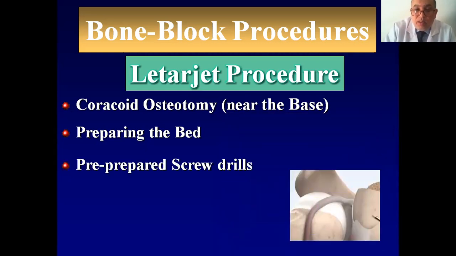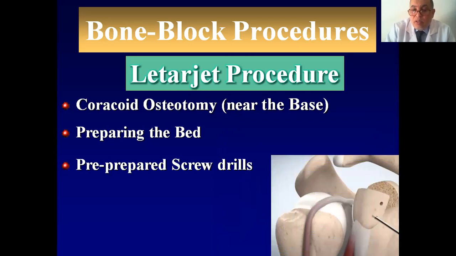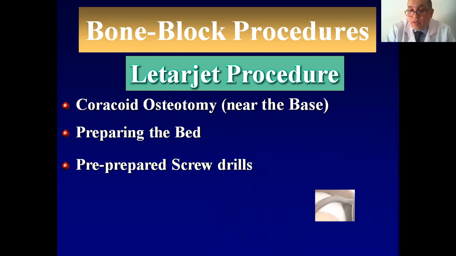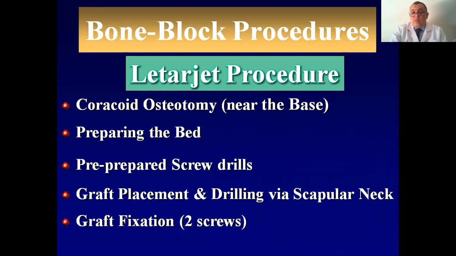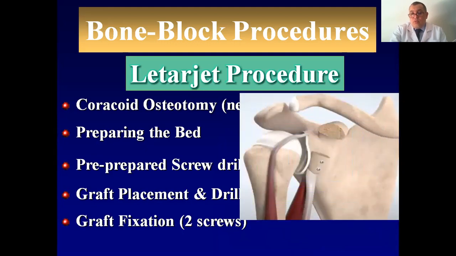Then we drill two holes into this chunk of the coracoid. Then we place the graft and drill through the previously drilled holes via the scapular neck. Then we fix the graft using two screws. This acts by two mechanisms.